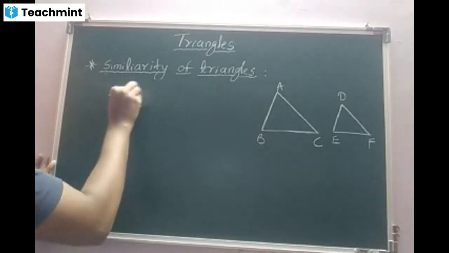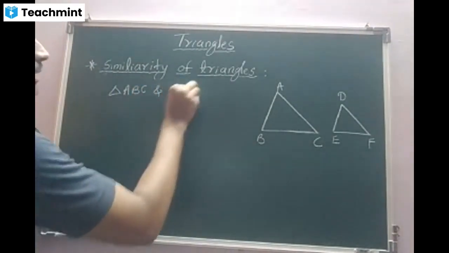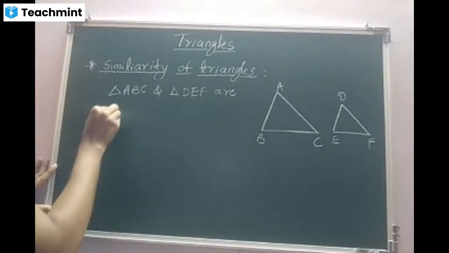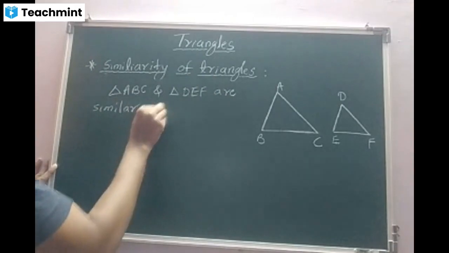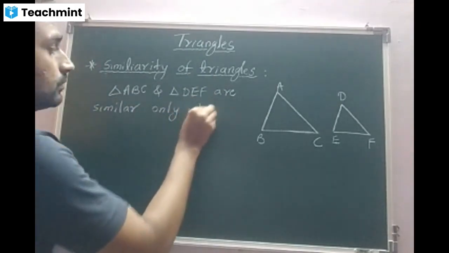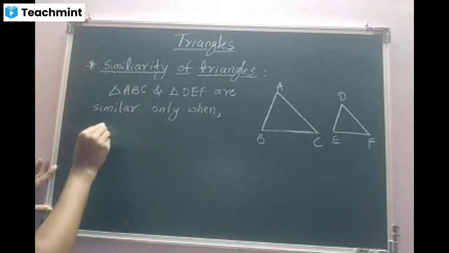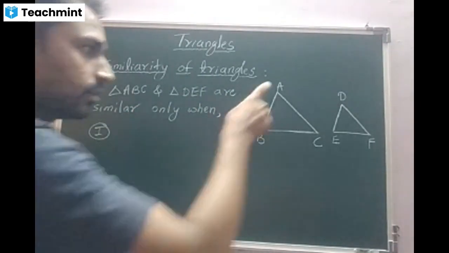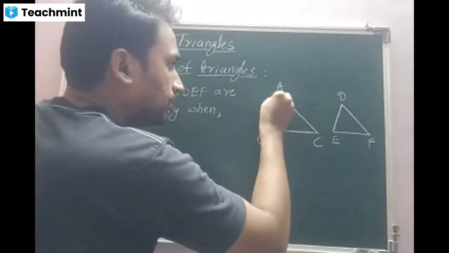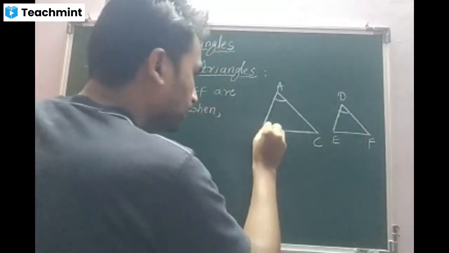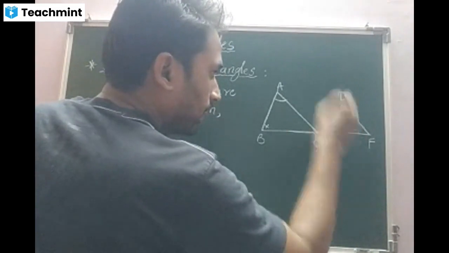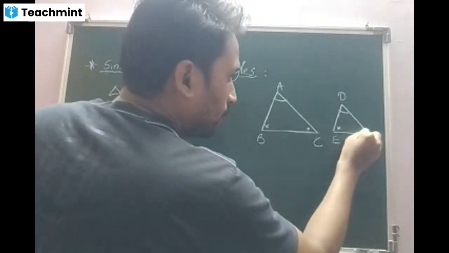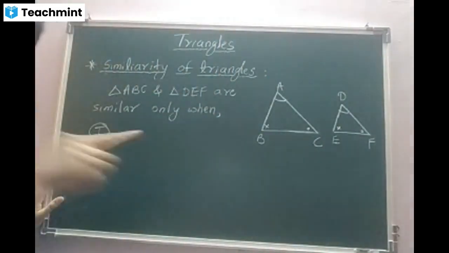Triangle ABC and triangle DEF are similar only when, number one, beta, Roman letter 1, in this angle A should be equal to angle D, angle B should be equal to angle E, angle C should be equal to angle F. Is it clear, beta?